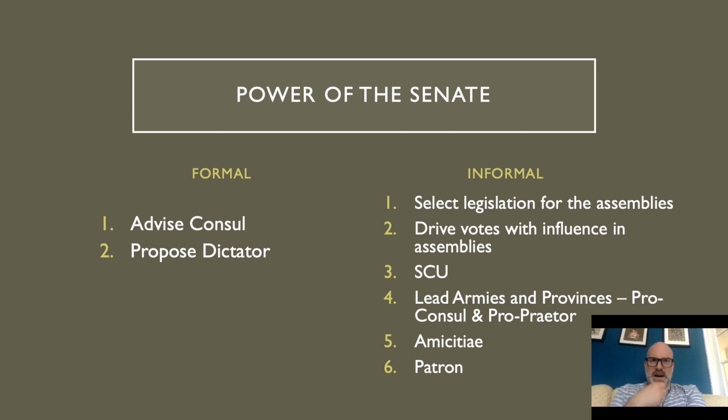The other informal power of the Senate and the sort of senatorial class, if you like, and this is again where this kind of debate comes in, perhaps. Do we mean by Senate the political institution of people sitting in a room, or do we mean people who are senators? Because they drive votes with influence in the assemblies.